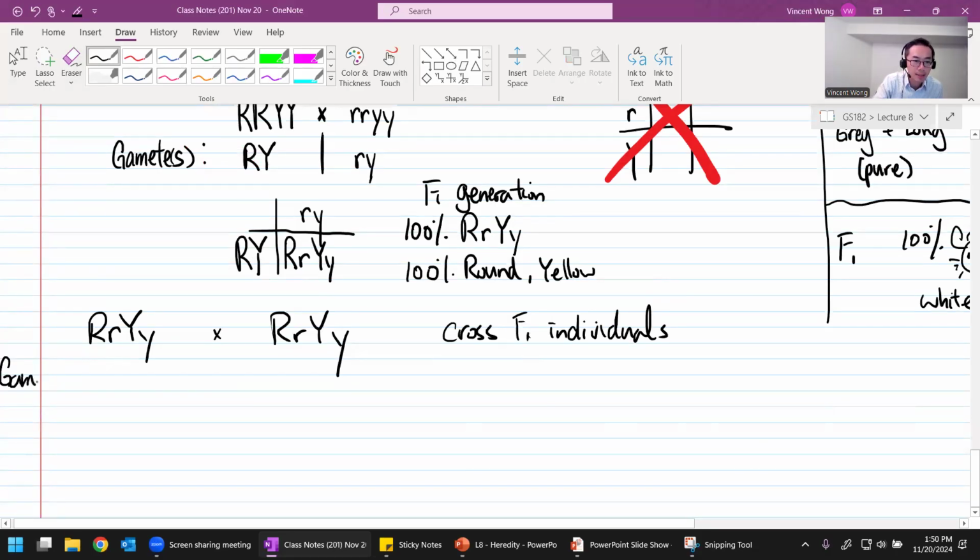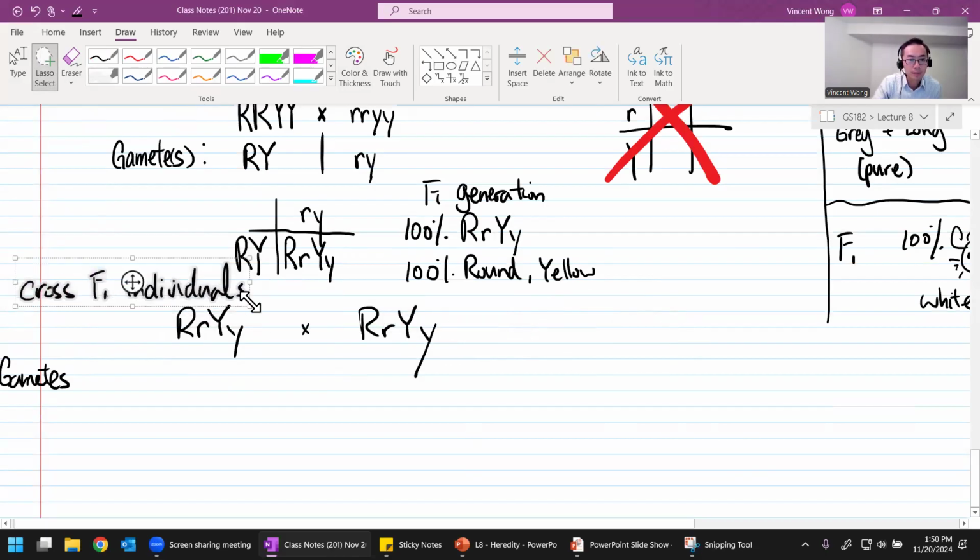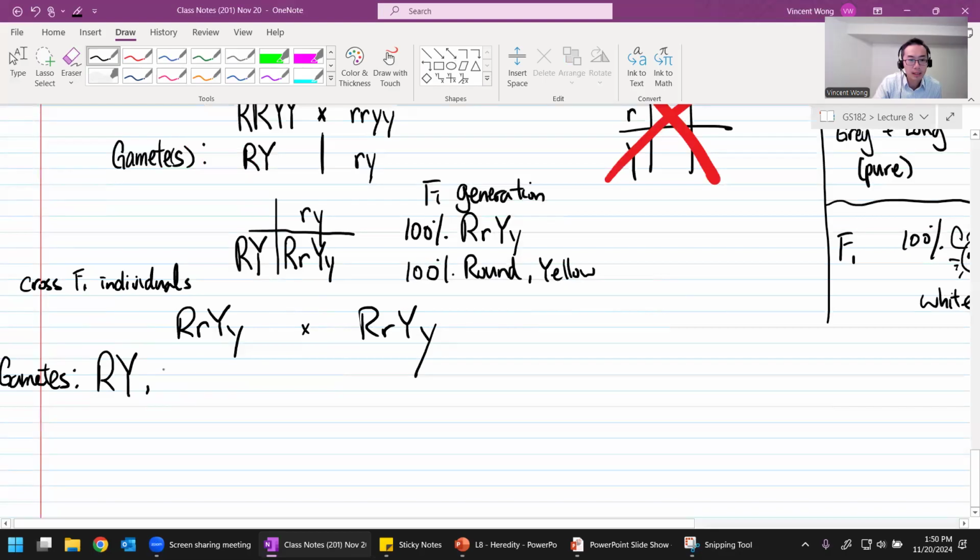Let's write down the gametes. If you have been following, then the gametes would be big R, big Y, big R, small y, something like that.